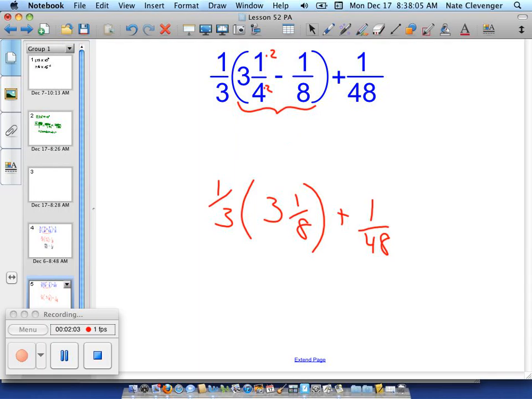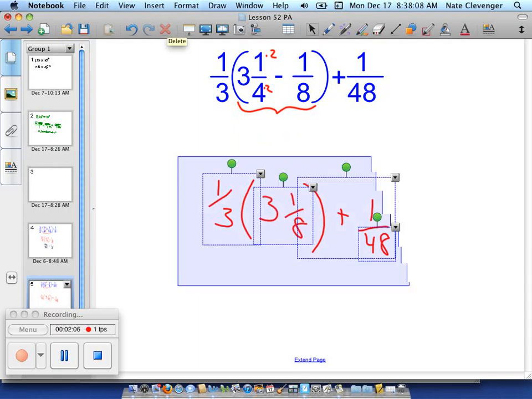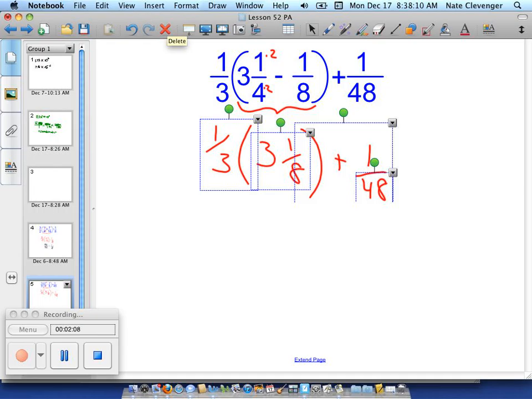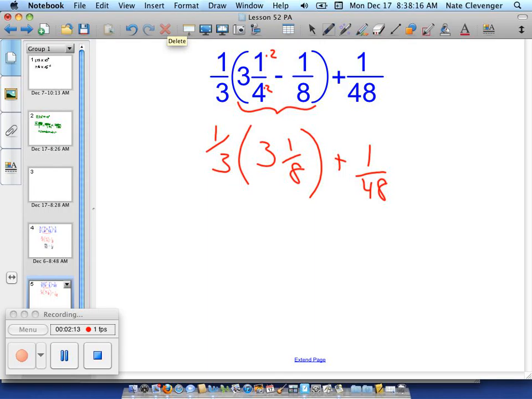Okay. I'm going to remove this and give myself a little bit more room. Alright. Now I need to change, well, I have multiplication between those two. Now since I'm multiplying, I do need to change that mixed number to an improper fraction.